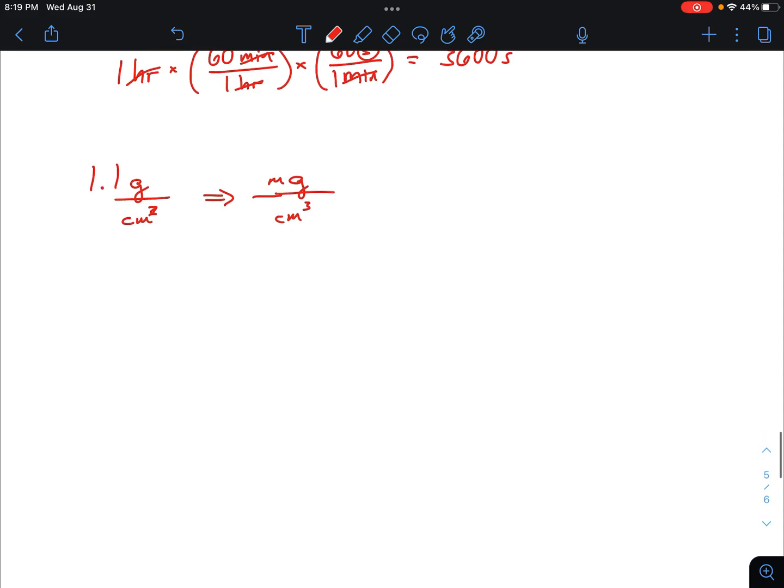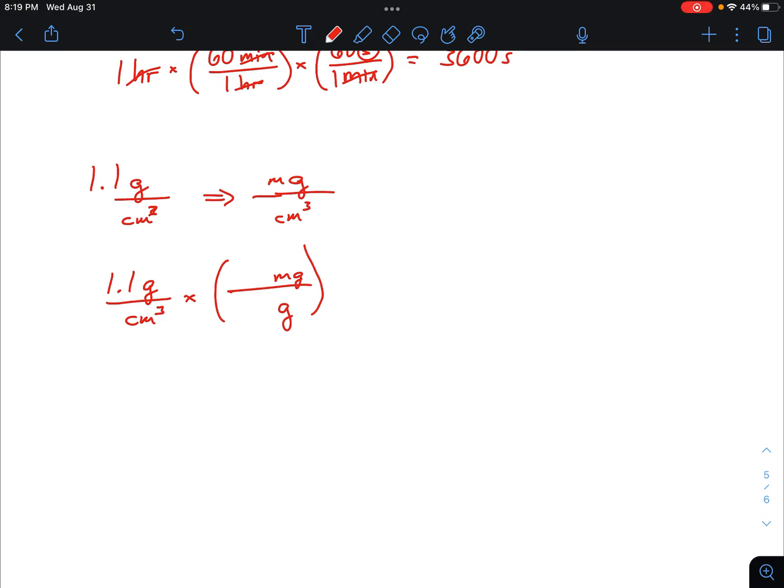So now we can take 1.1 grams per cubic centimeter. Notice the cubic centimeters doesn't change. So I can essentially ignore that in the conversion because I don't need to worry about changing its units. But I do need to take grams and turn it into milligrams.